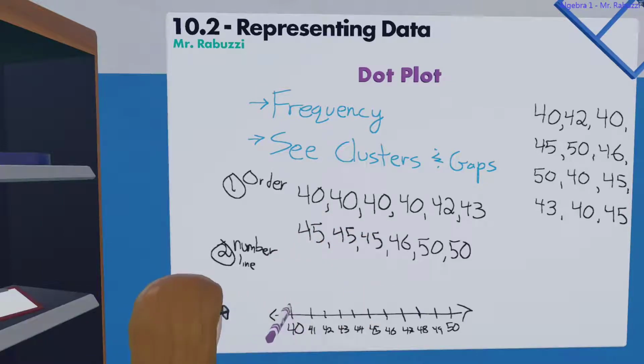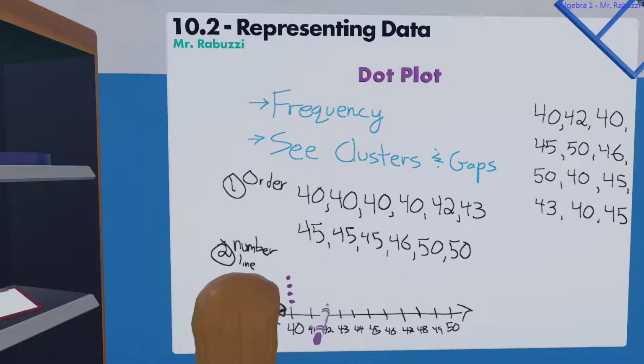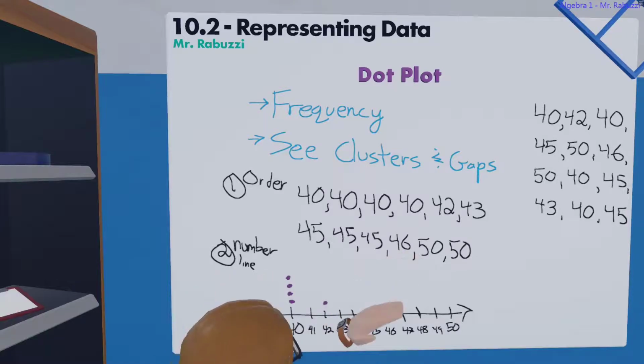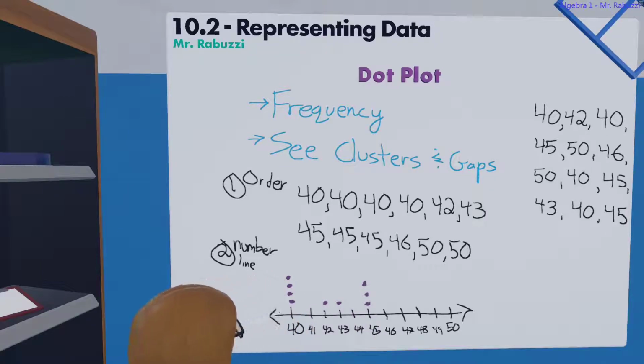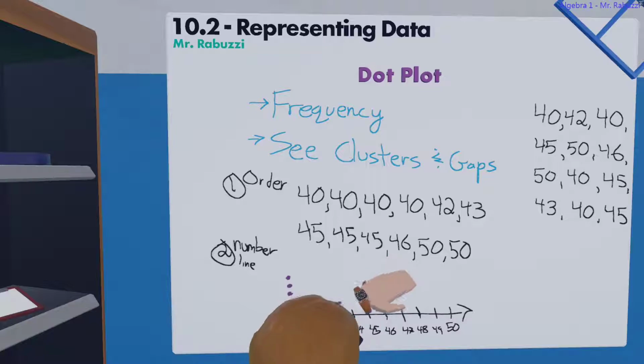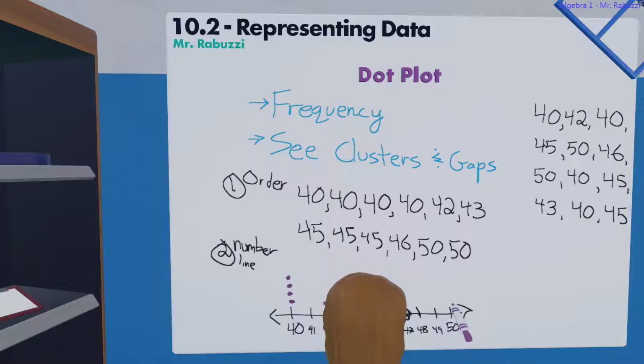So at the 40, I'll put 4 dots. 41, no dots. 42, there's 1. 43, 1 dot. 44, no. 45, I have 3 of them. 1, 2, 3. All right. 46, I have 1 dot. And 50, I have 2 dots.